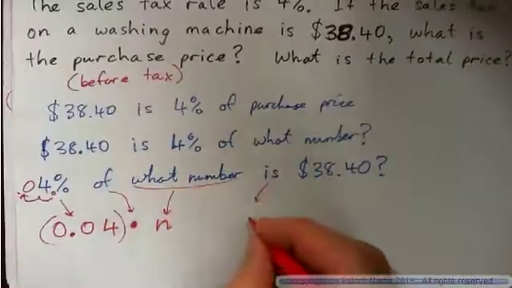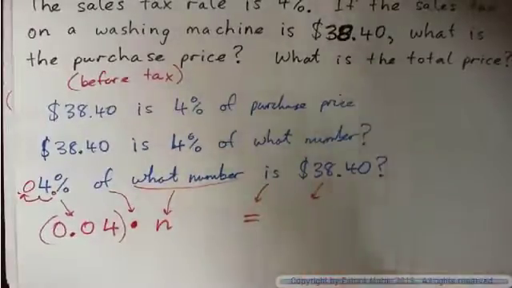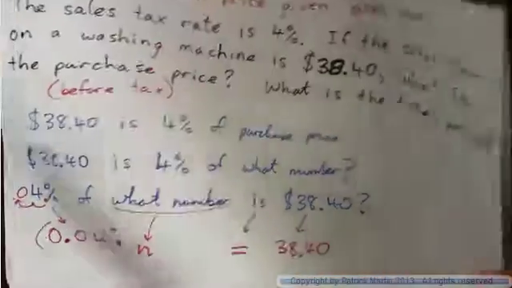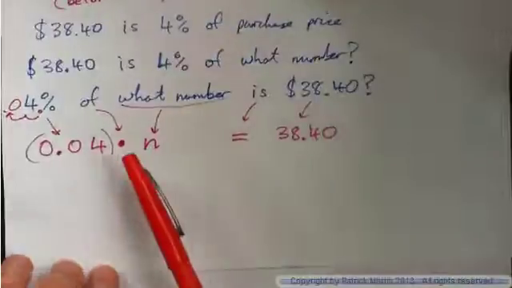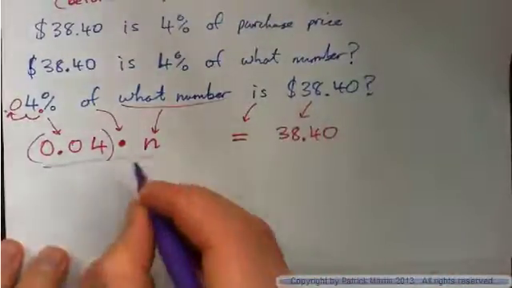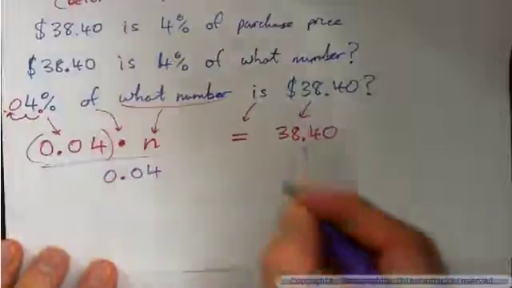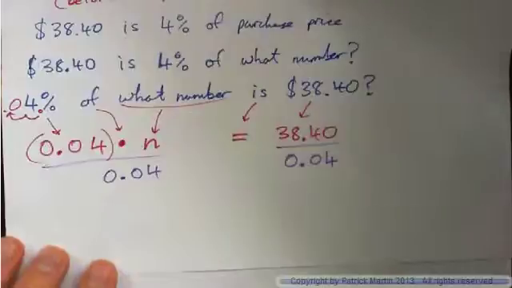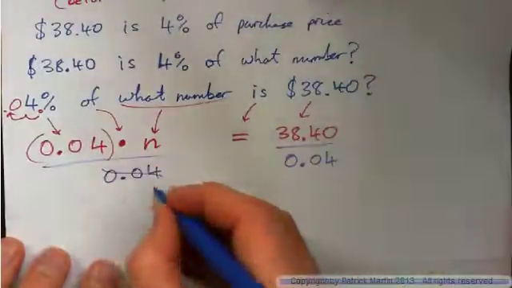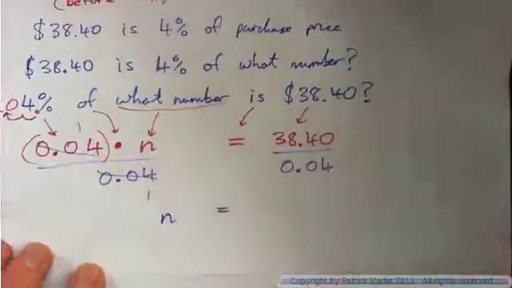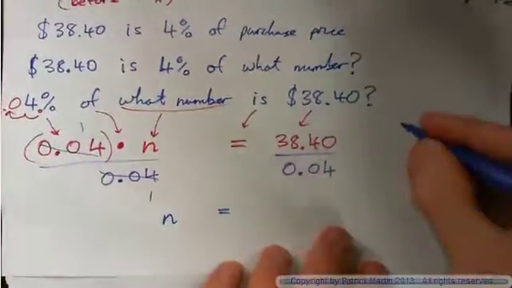Is becomes equals, and 38.40. So we have 4% of what number is 38.40, basically. And now you can divide by 0.04 on both sides, and we'll be able to figure out what n is, right? Because these will cancel, and you'll have n equals this over this. So we just need to calculate that.